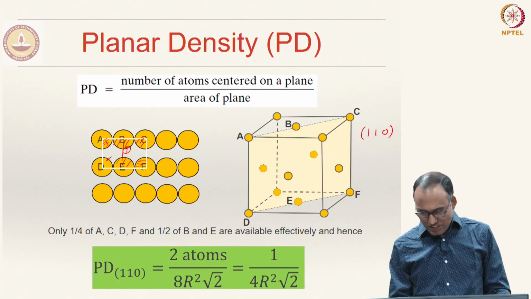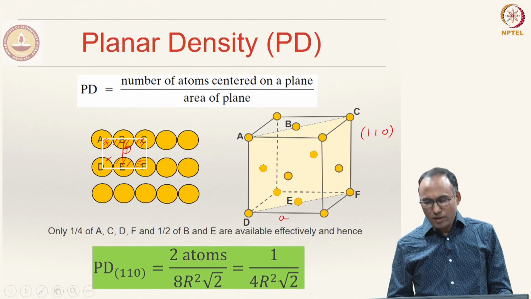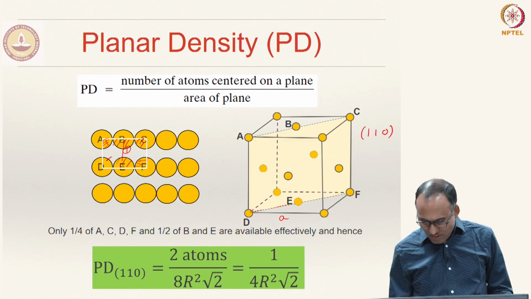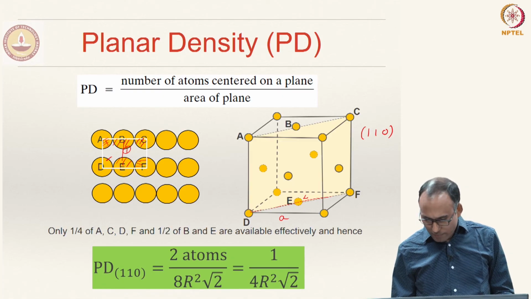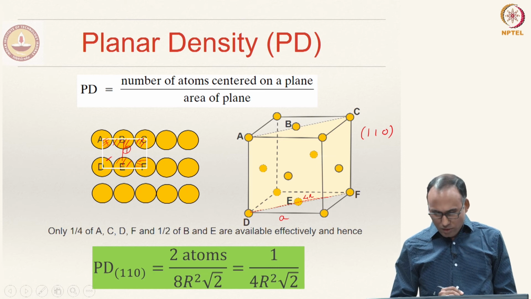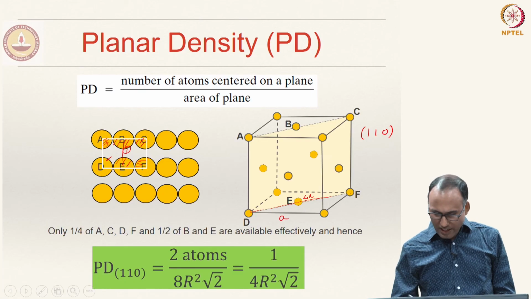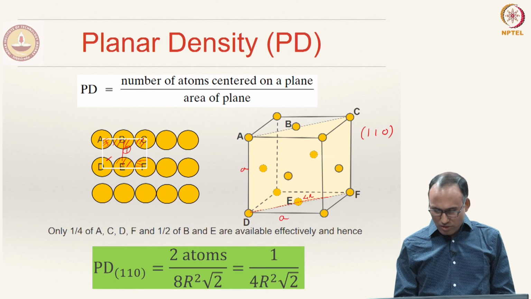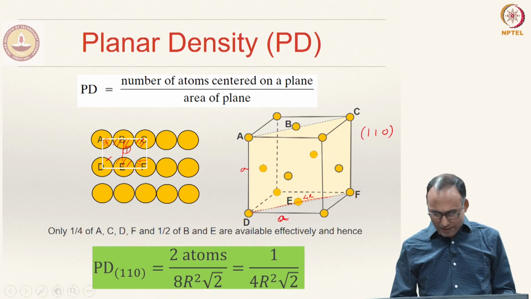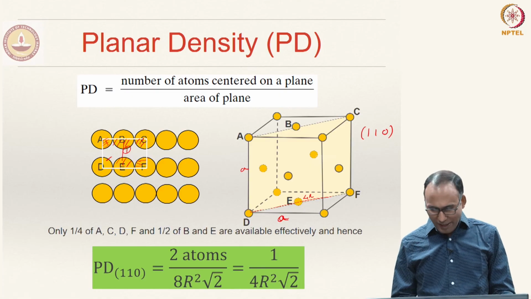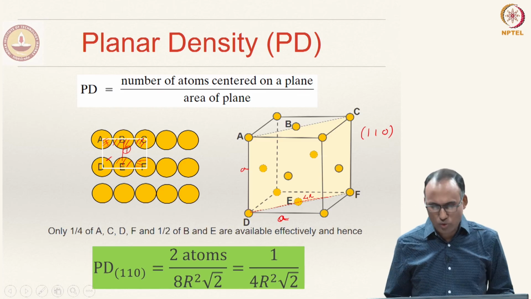If this is A, you can find out the relation. This distance is 4r, and you need to find this area, where this is A and this is A. So, you can find the value of A, and the area will be 8r square root 2 r. The planar density of the (110) plane for FCC is 1 by 4 root 2 r square.